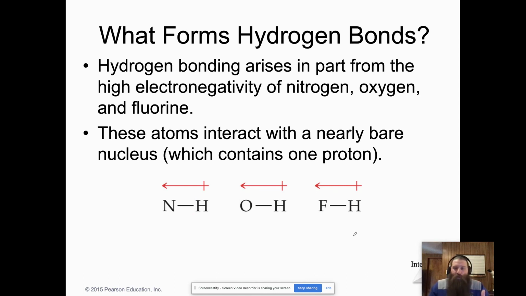Okay, so that's something to keep in mind. And because it's nearly bare and it gives that really strong force of attraction to a negative charge, it allows for the boiling point to go through the roof, right? Because there is a greater force that has to be overcome in order to affect the phase change. Hopefully you're picking up on a trend with this little answer, right? Greater force to overcome to affect a phase change.